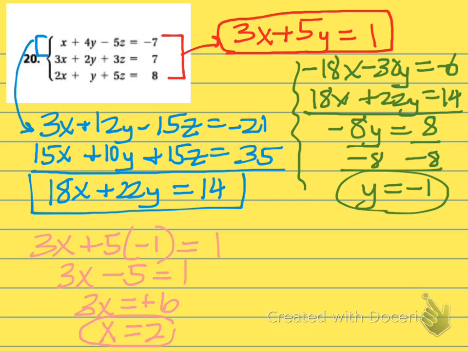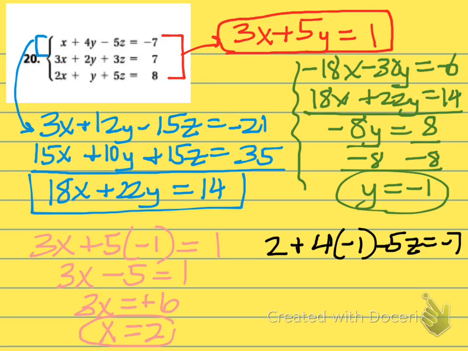We're going to take the x and the y and plug them into one of the originals and find z. I'll just plug into the very first equation. So x plus 4y minus 5z equals negative 7. So x, which is 2, plus 4y, which is negative 1, minus 5z equals negative 7.